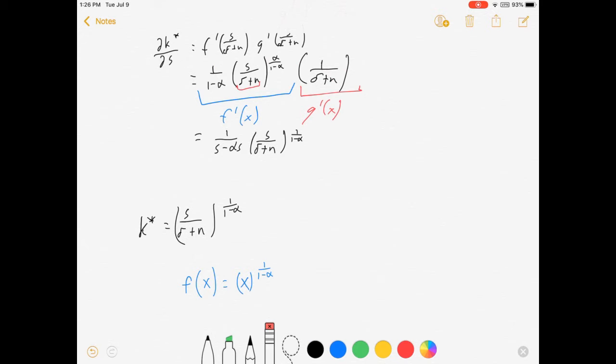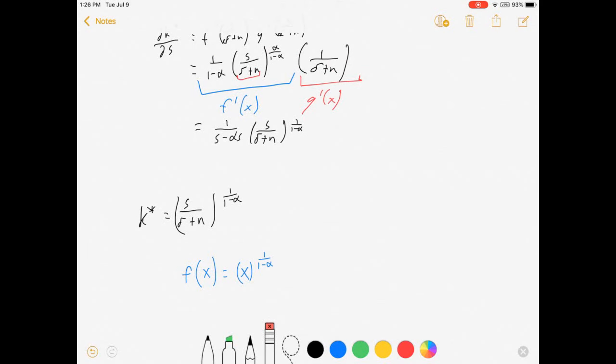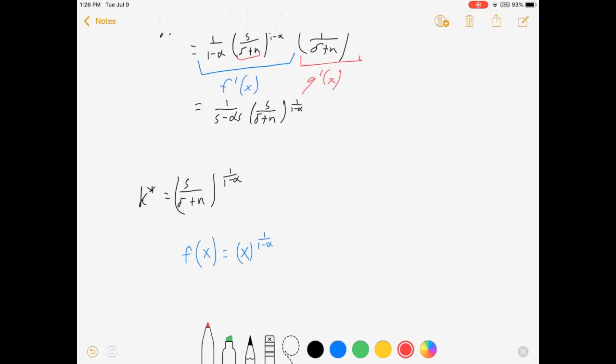All right, so that bit's still the same, but what if I am now interested in not s, but in the variable n, where g of n is equal to s over delta plus n. The beginning of this will still be the same, but my g prime is now different.